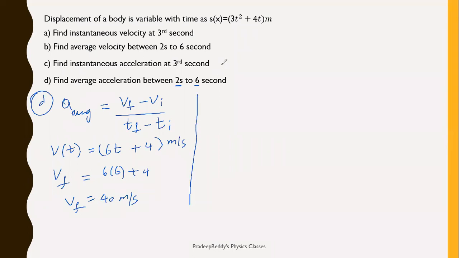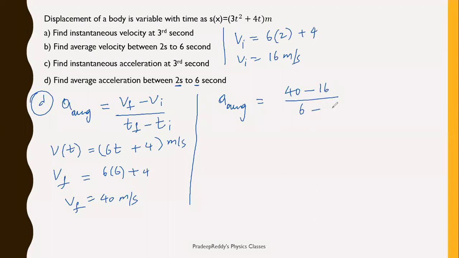Next, coming to initial velocity, Vi is equal to initial velocity. What is its value? It is 6 into 2 plus 4. 6 twos are 12, 12 plus 4, 16 meter per second. This is initial velocity, right? Now A average is equal to V final, 40, minus 16, divided by 6 minus 2, where the unit here is meter per second and here it is second.